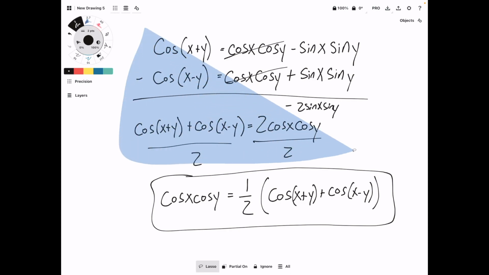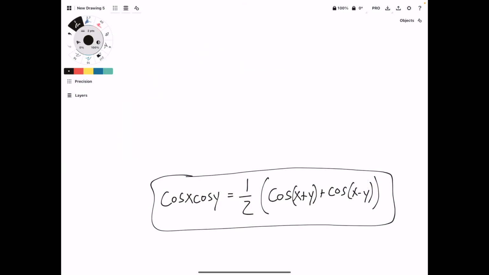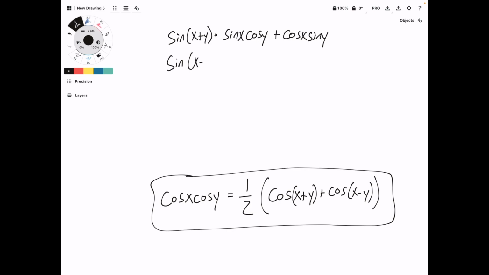Then for the products of sine, we would use the addition and subtraction formulas for sine, which are sine of x plus y equals sine of x cosine y plus cosine x sine of y, and then sine of x minus y equals sine of x cosine y minus cosine x sine of y.